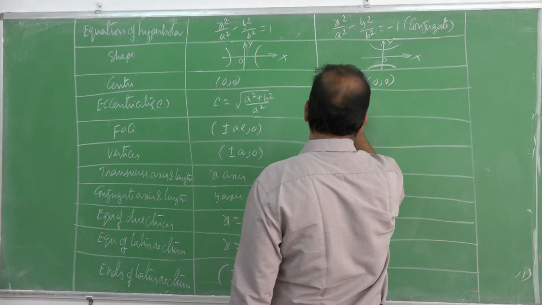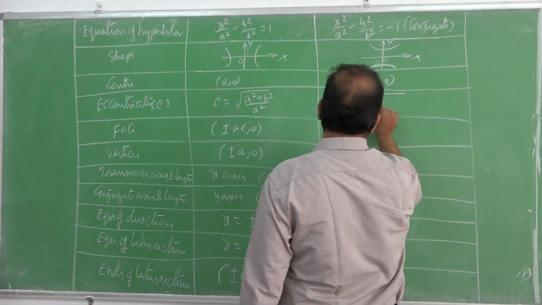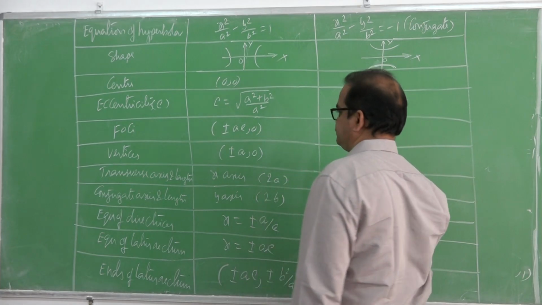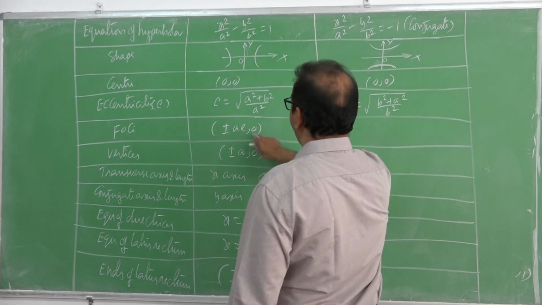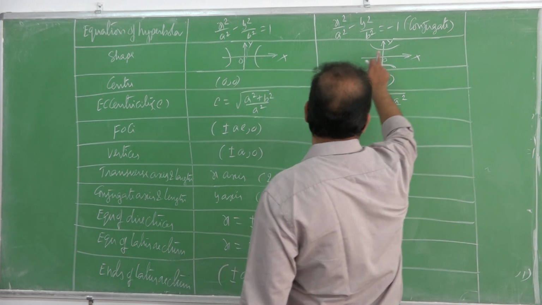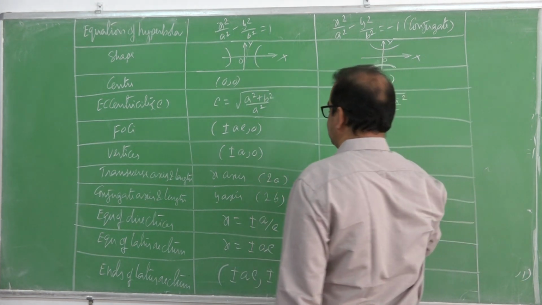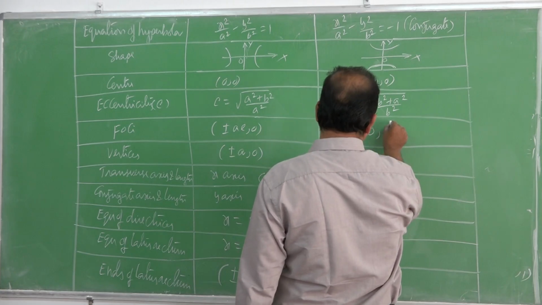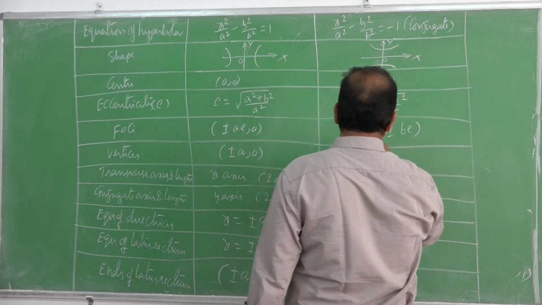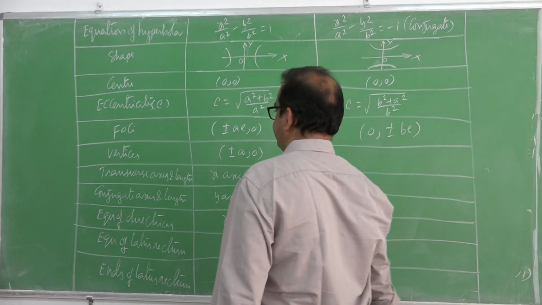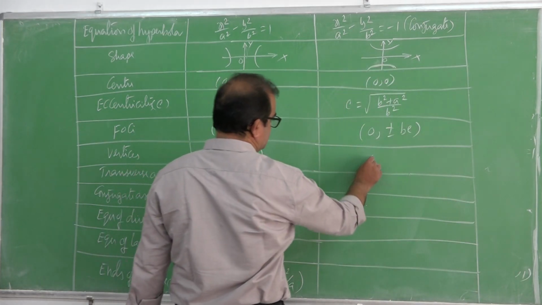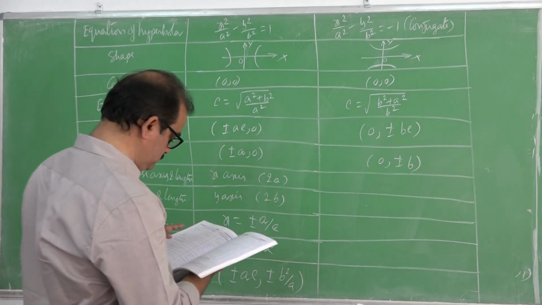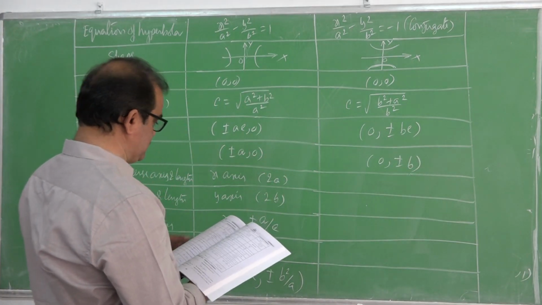So eccentricity E becomes root of B square plus A square by B square. Foci: here foci lie on x-axis, here foci lie on y-axis. So the foci become 0 comma plus or minus BE. Next, vertices: 0 comma plus or minus B.